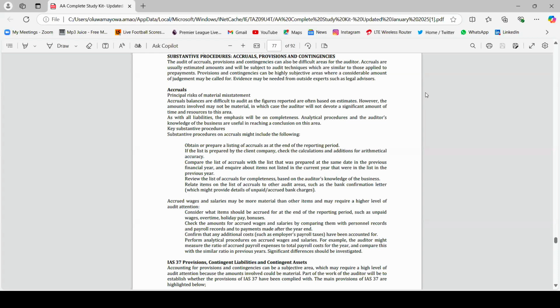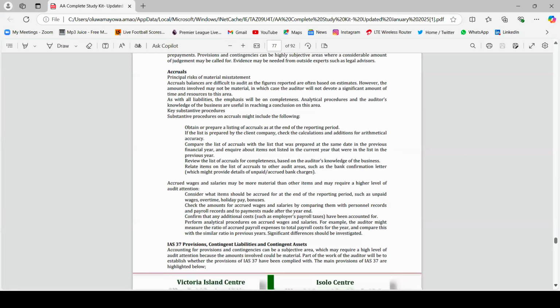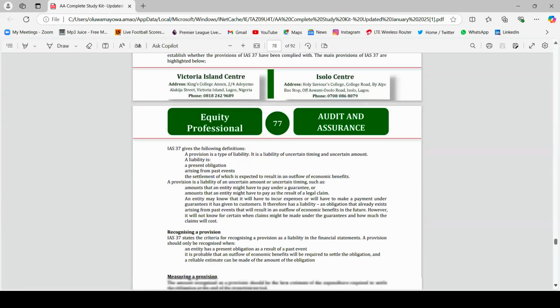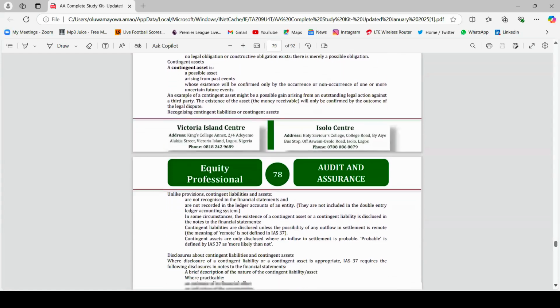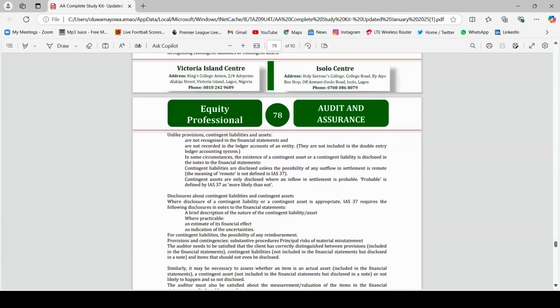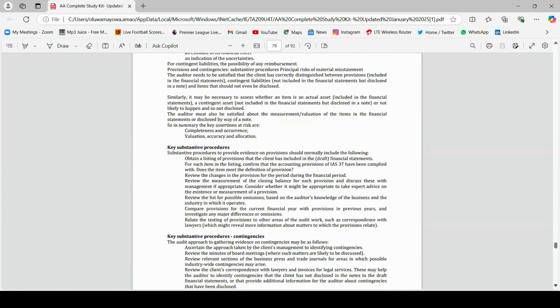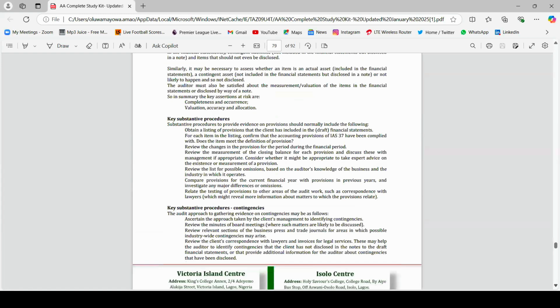Does this provision meet the definition in the accounting standard? IAS 37 is what covers provision. What management has done in this financial statement, is it in line with what the standard says? Does it meet the definition of provision?